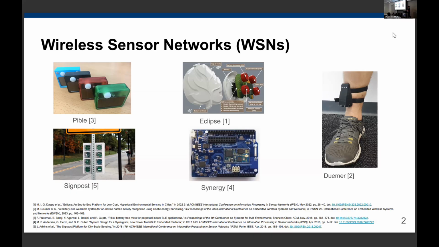The work by Dumer looks at activity tracking for health monitoring. Signpost, which was actually originally made here at Berkeley, looks at smart infrastructure in cities by mounting these sensors on signposts. Similarly, Synergy is another generic platform that can be used to build any number of applications.